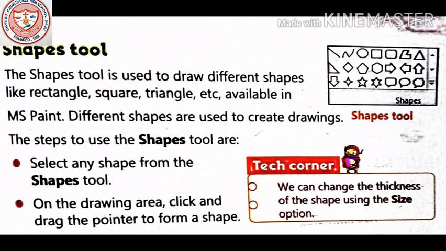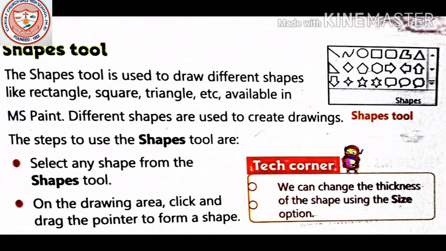The rectangle will be the building part, the triangle will be the roof part, and the square one will be the doors and the windows. So with the help of these 3 we can make one drawing. Like that you can combine many other shapes and draw different drawings.